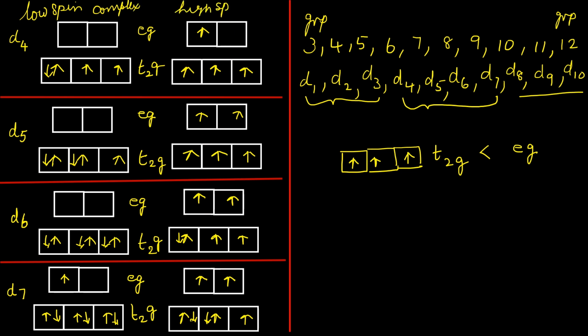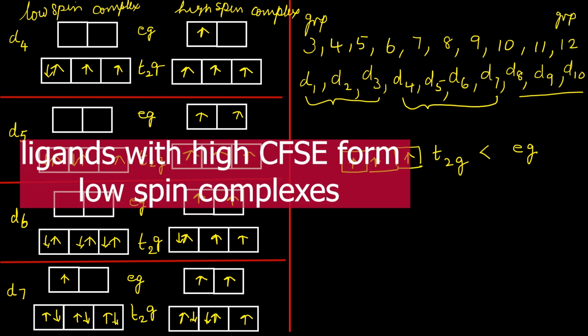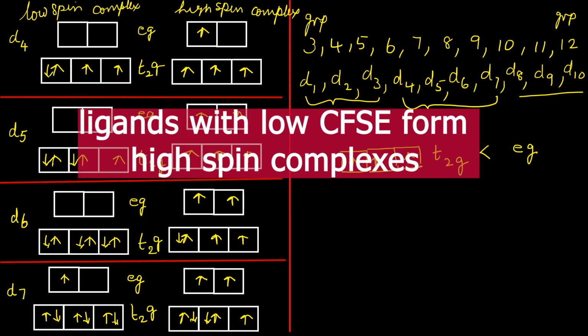Please note that in this case, the orbitals have unpaired electrons excepting d6 and d7 where 1 or 2 orbitals have paired electrons. Ligands with strong crystal field stabilizing energy form low spin complexes and those ligands with low crystal field stabilizing energy form high spin complexes.